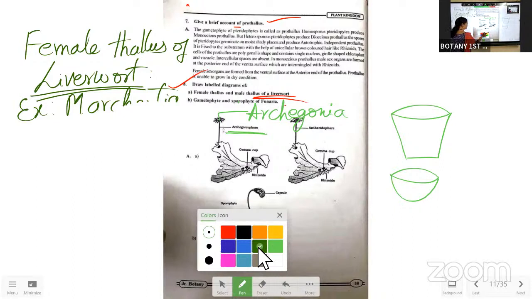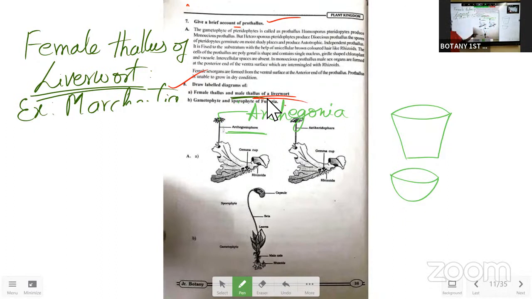Now comes the antheridiophore, okay, male thallus. Now I am erasing the female thallus spelling and making it male thallus, but you should not do this in the examinations, okay? Because one student asked me like that. Whenever I do this, I cut short the female thallus I have done first, and after that, whenever I'm doing the male thallus, I rub the FE, those 2 letters, and say now I'm drawing the male thallus.